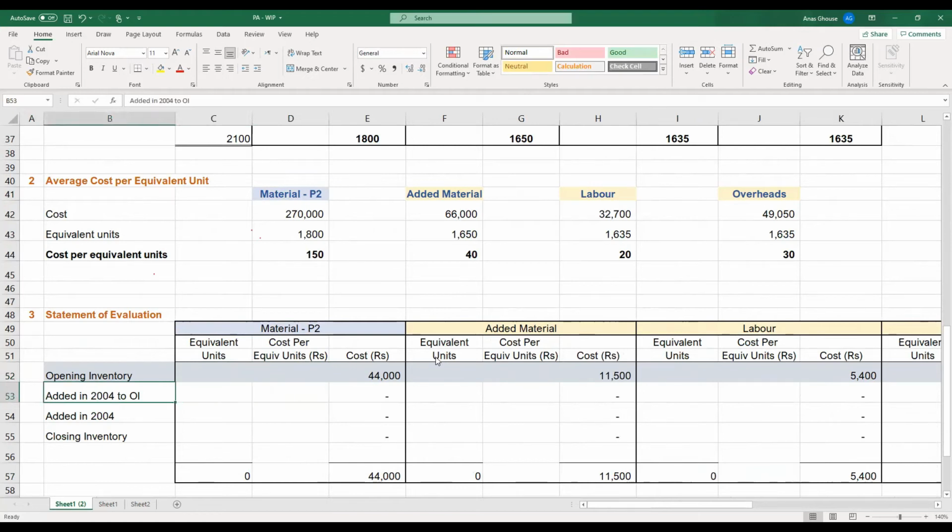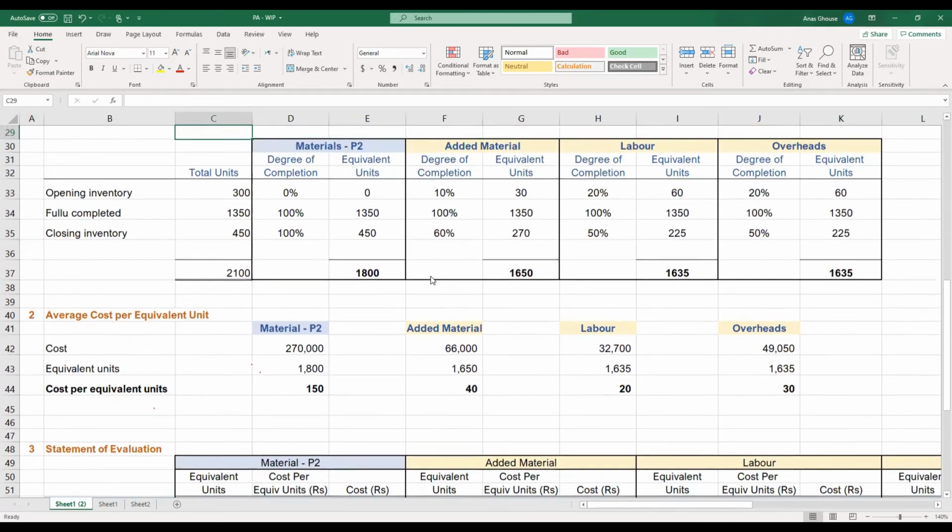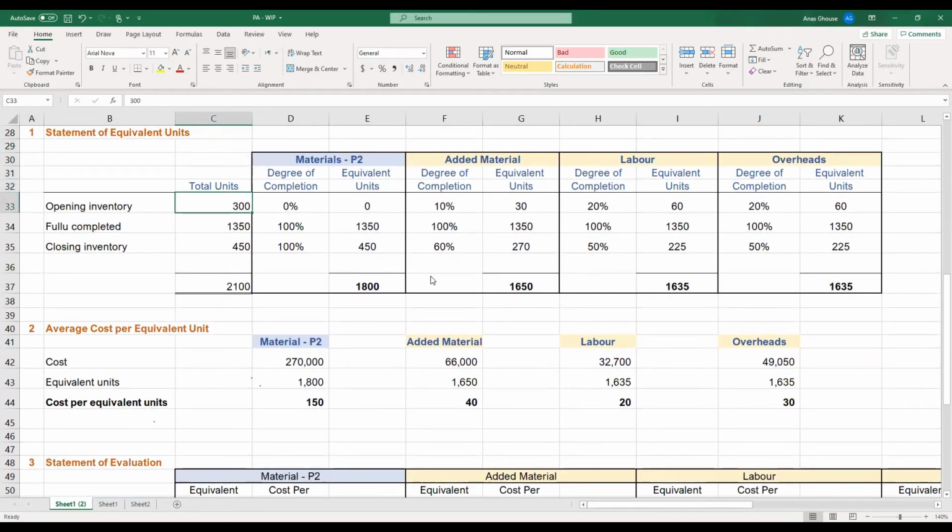Now, with regard to the opening inventory, with regard to material from process 2, since it is 100% completed, we didn't have any equivalent units. As you can see from the table, we don't have any equivalent units because it is 100% complete.